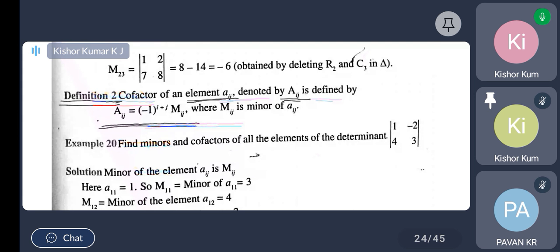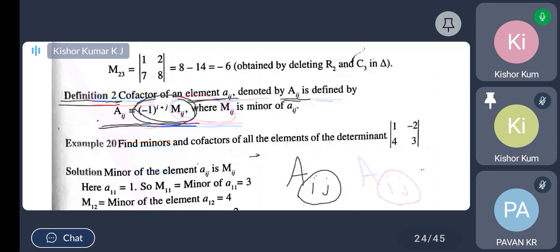So here the cofactor of an element is defined by capital Aij. Again here ij refers to the ith row and jth column. For that you have a formula: Aij equals minus 1 to the power i plus j into Mij. We know how to calculate the value of Mij.